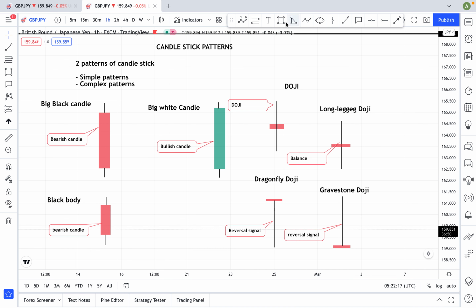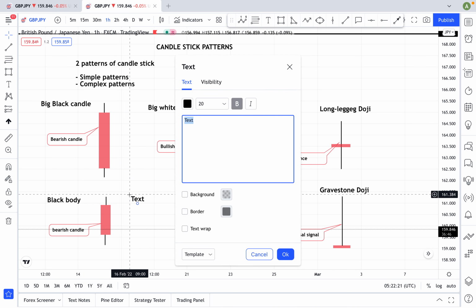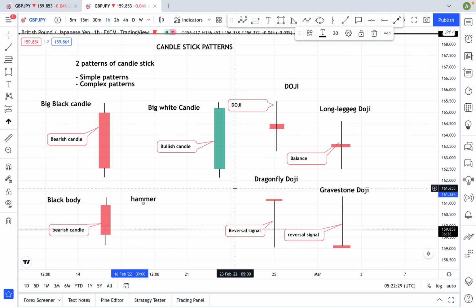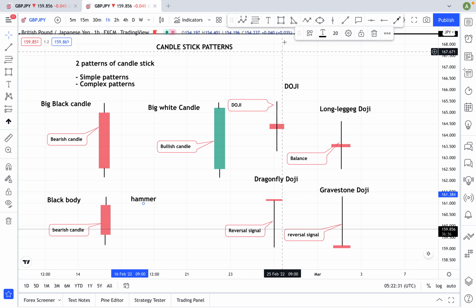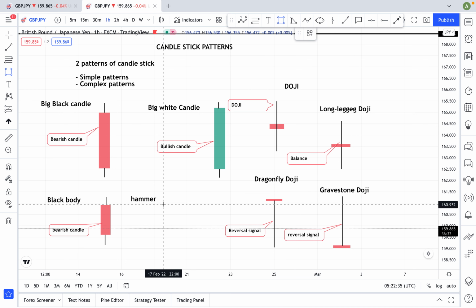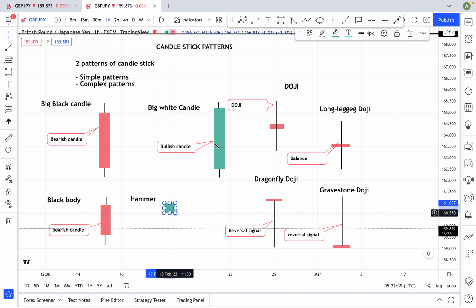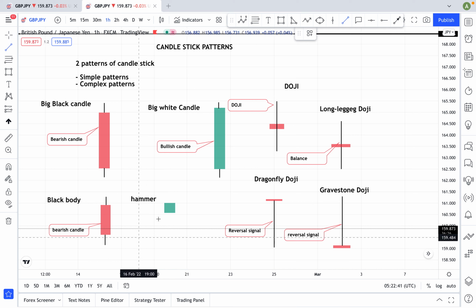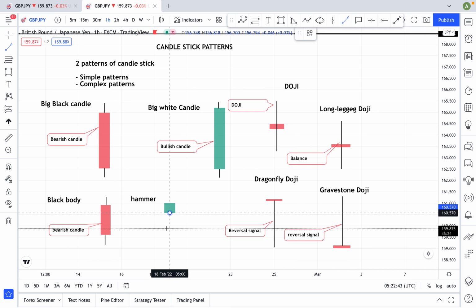So let's go to another one. Hammer. Whenever you see a hammer, it is like this. It's always a green candle.